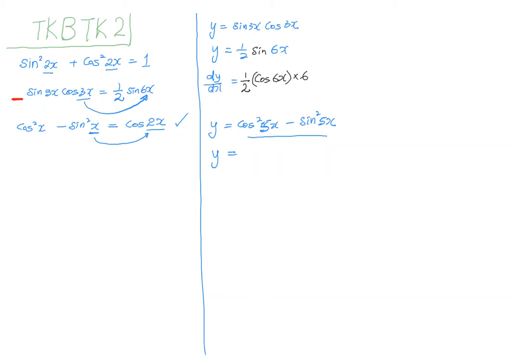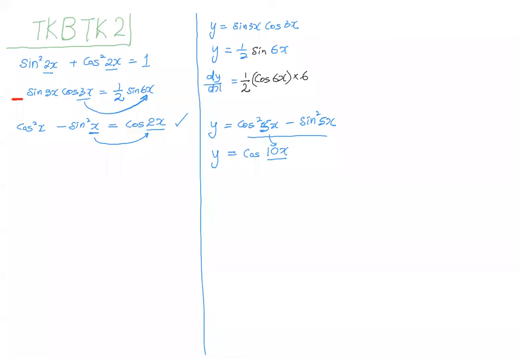Miss, can we just change the sin square 5x to cos square 5x minus 1? No, I don't want you to change into that. Yes, you can change into cos 10x. Why not? That is double. You see?